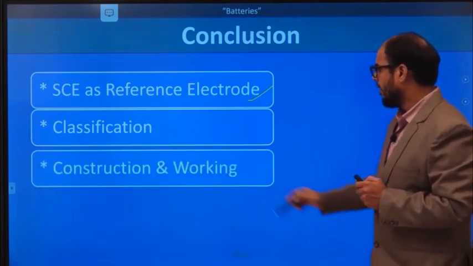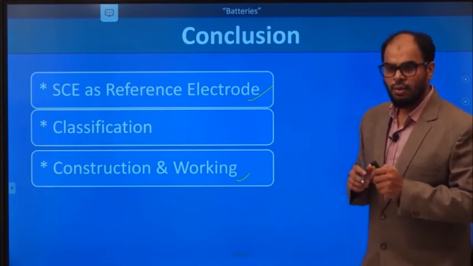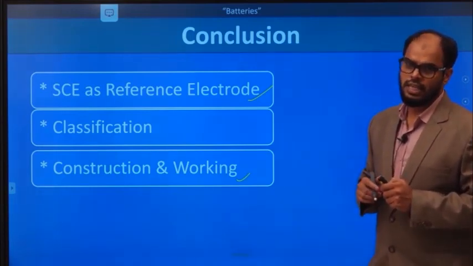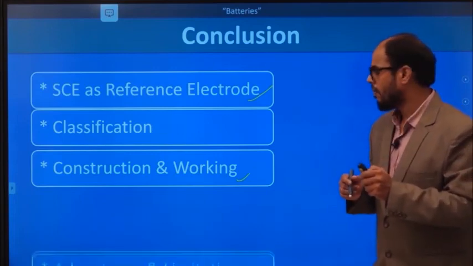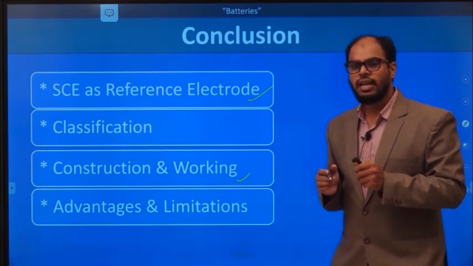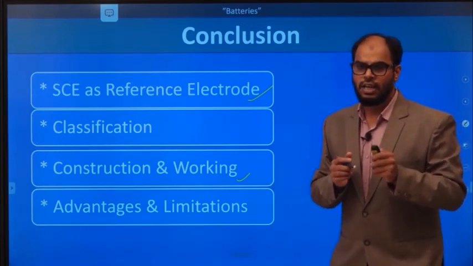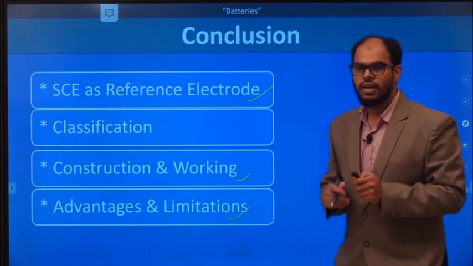And we have undertaken the construction and working of SCE, where it can act as an anode as well as a cathode. Finally, we have taken the advantages of saturated calomel electrode over SCE electrode, and we have highlighted some of the limitations of SCE.